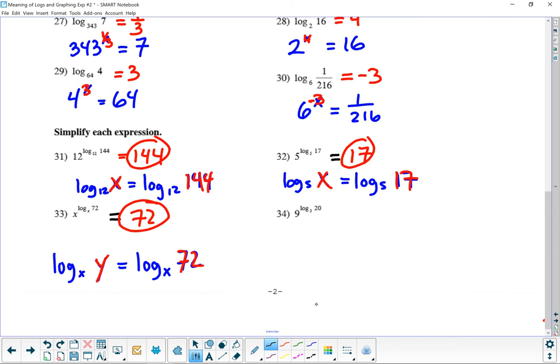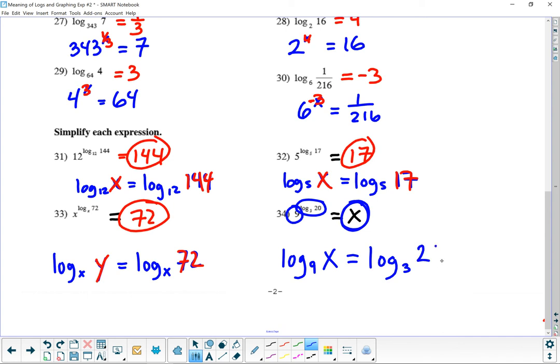Okay, last one. Again, don't know what this is, so I'm going to go ahead and call it x. Right, so the way I'm going to write this is, so in case I went a little fast, the very last one should explain it. Because this is base 9 for the exponential, I'm going to rewrite this as a logarithm, log base 9 of x, and that's going to equal my exponent, which is going to be log base 3 of 20.